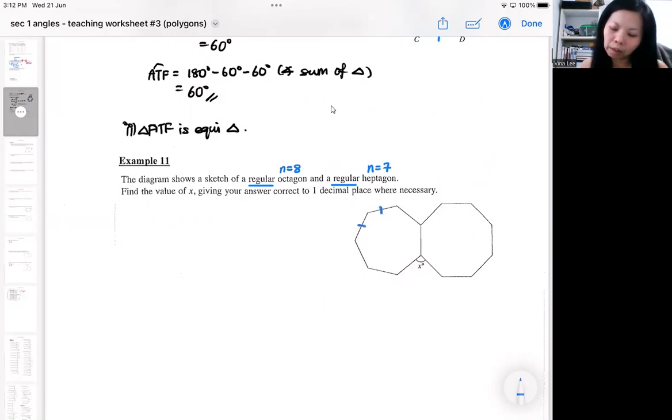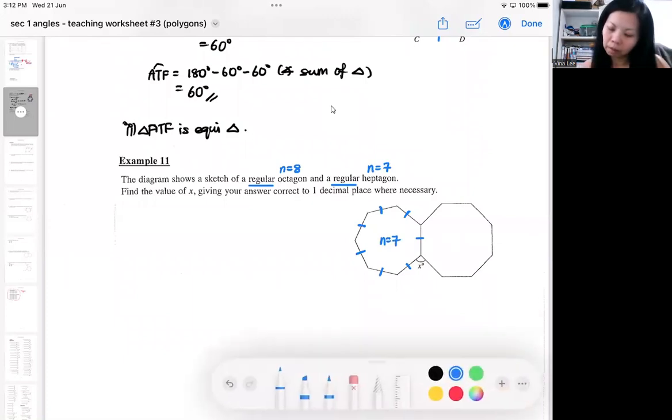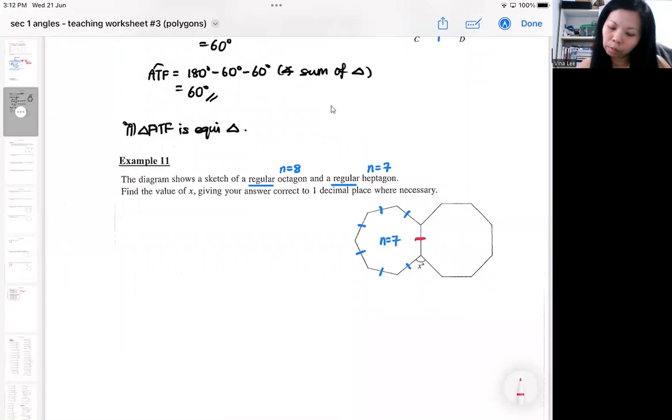So which one is the heptagon? You can count the number of sides. So this is the heptagon. This is the 7 sides. And then the other one, also regular, but this one is 8-sided.